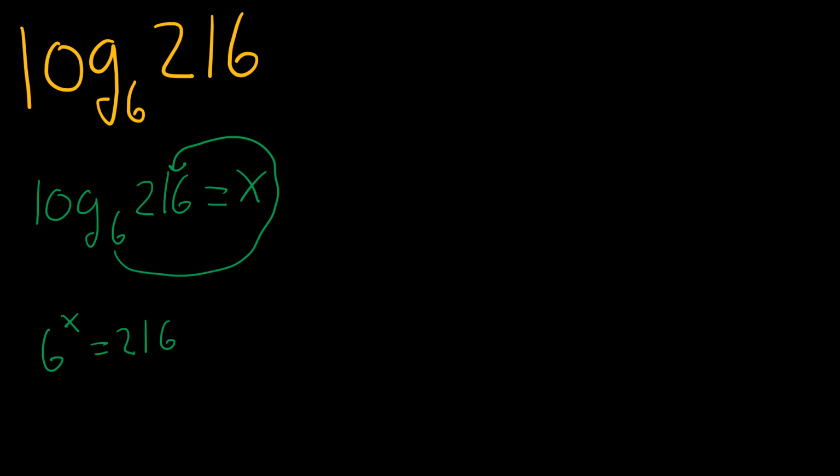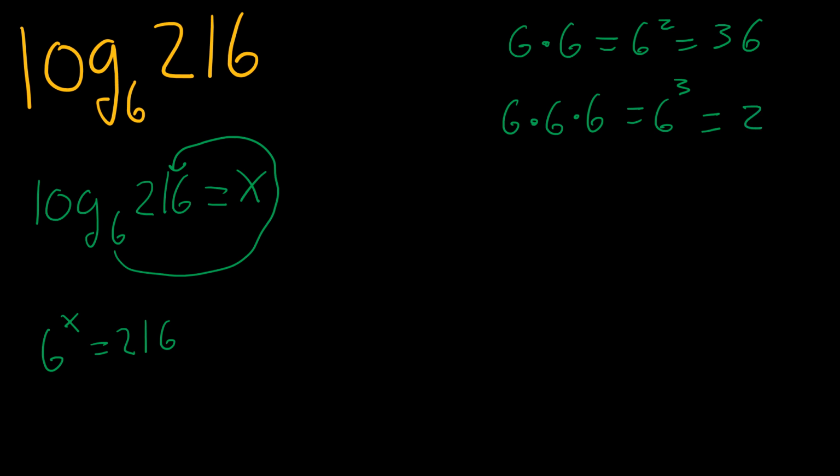Let's think about this. We know that 6 times 6, which is 6 squared, gives us 36. So more than likely 6 times 6 times 6, 6 to the third power, would give me 216. And that is the case. So x is going to be equal to 3.